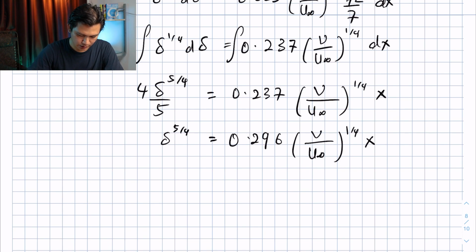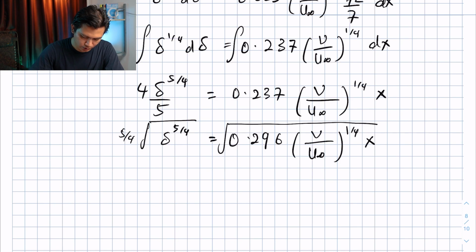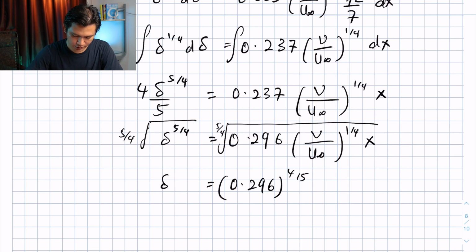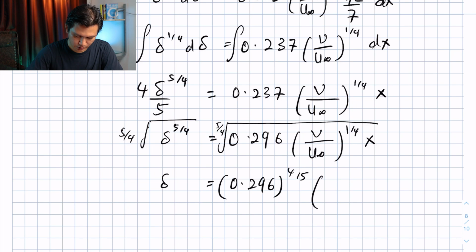And if I square root everything with 5 over 4, so I'm going to square root everything with also 5 over 4, so I'm going to end up with del equal to 0.296 to the power of 4 over 5 times nu over u infinity to the power of 1 over 4 to the power of 4 over 5 x to the power of 4 over 5.